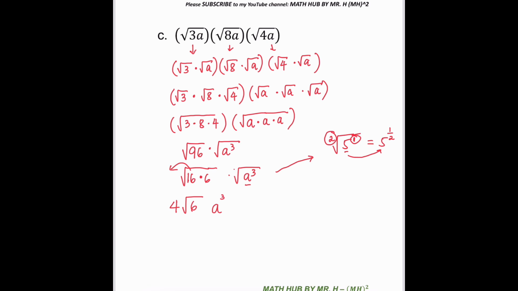And we got 2 outside right here, which is invisible. So 2 is the index. And that's going to be the denominator of the power. Okay, so the final answer here is 4 square root of 6 times a to the power of 3/2.